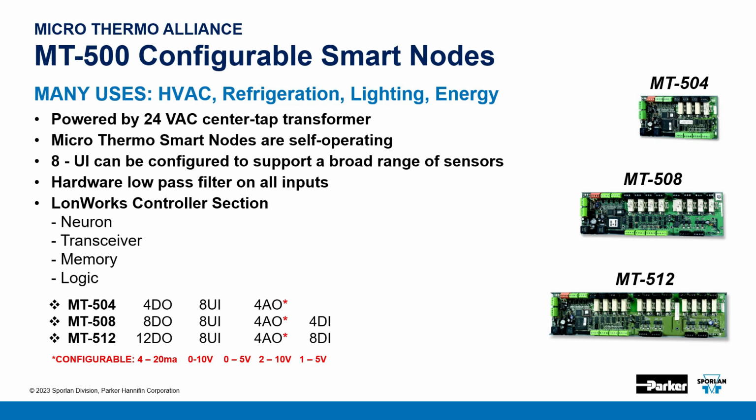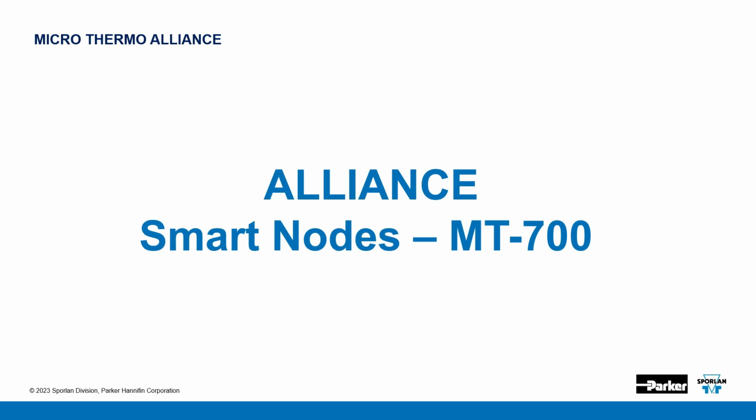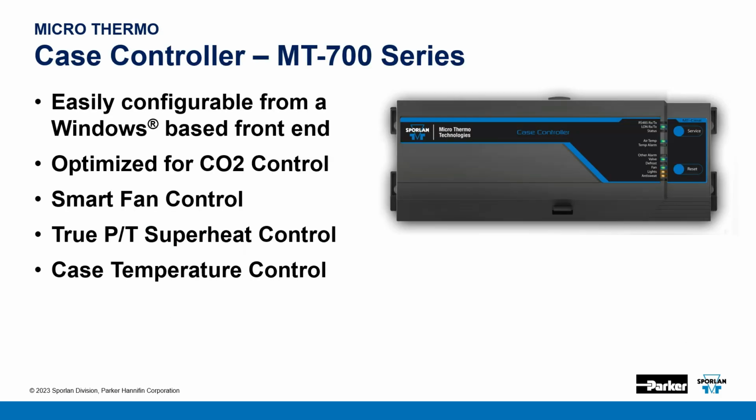We have now gone from the MT500 hardware platform to the MT700 platform. The very first MT700 node we came out with was the case controller. Again, it's easily configurable through the Windows Alliance front end. It's optimized for CO2 control, but we can control any of the common refrigerants used in commercial and industrial refrigeration systems.